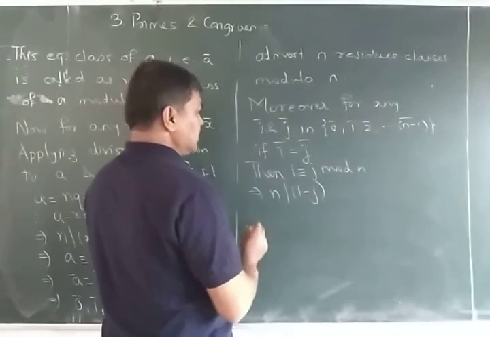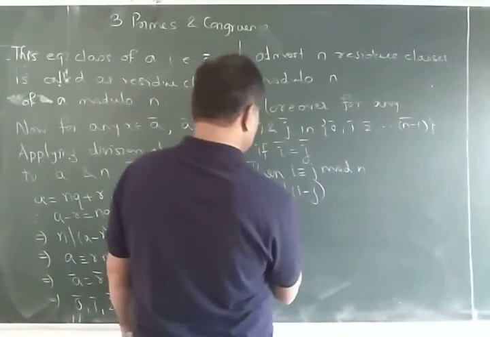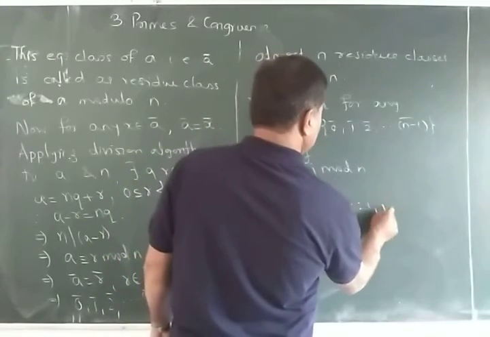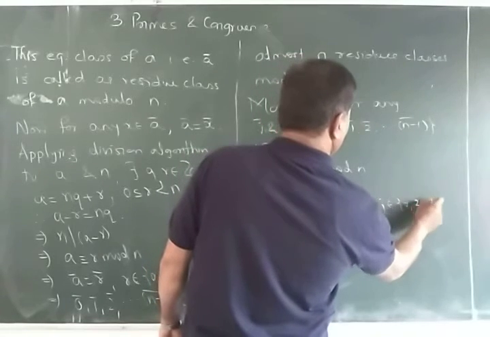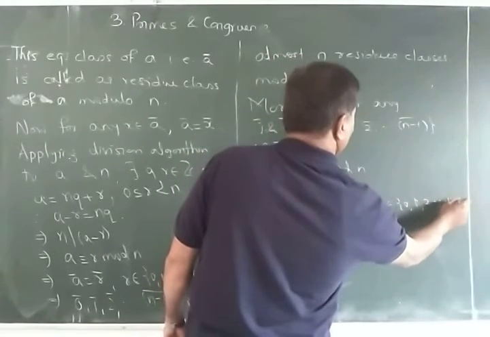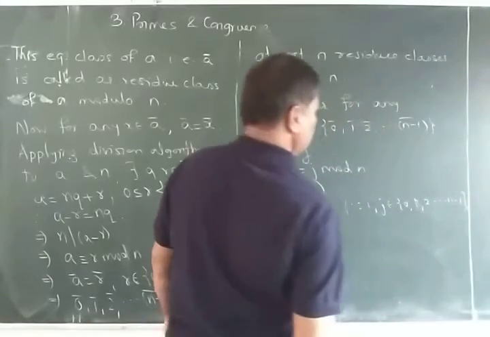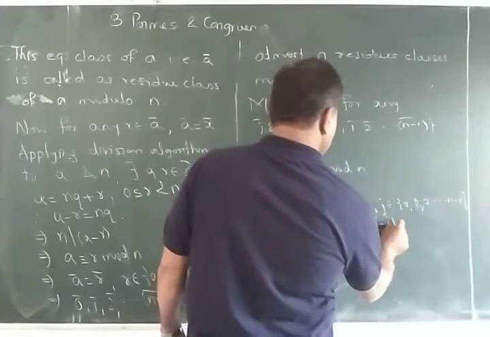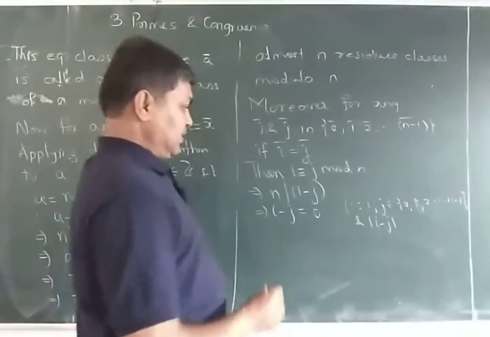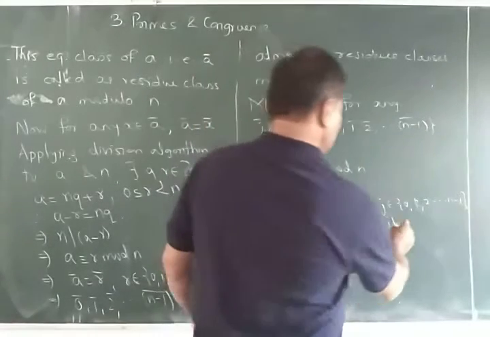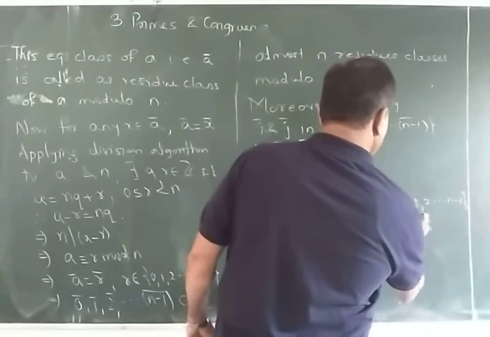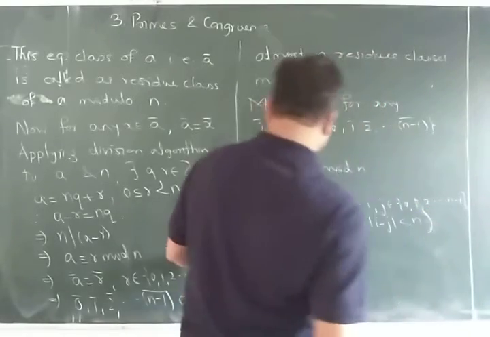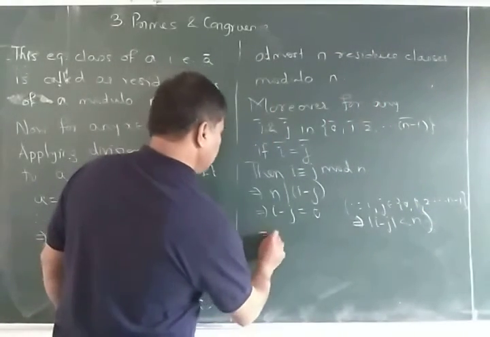This implies i minus j must be 0, since i and j belong to 0, 1, 2 up to n minus 1, which implies the modulus of i minus j must be less than n. So i minus j equal to 0 implies i equals j.